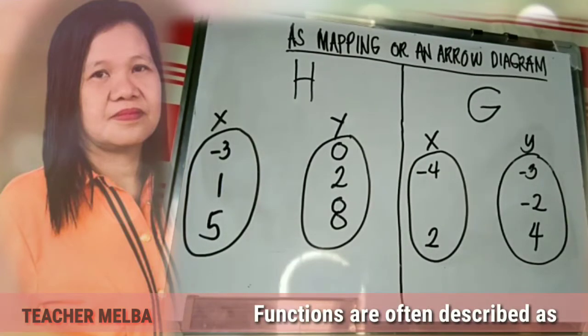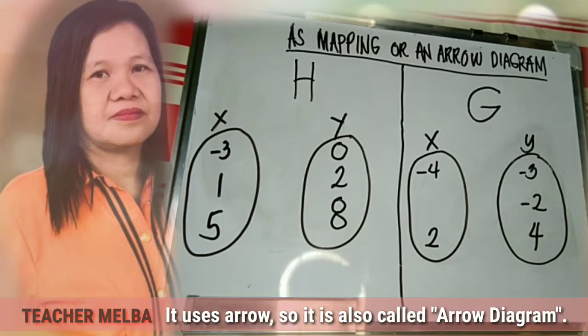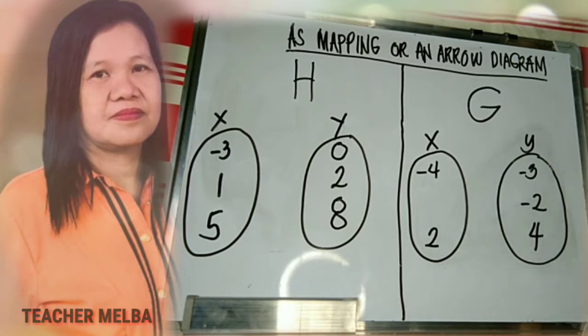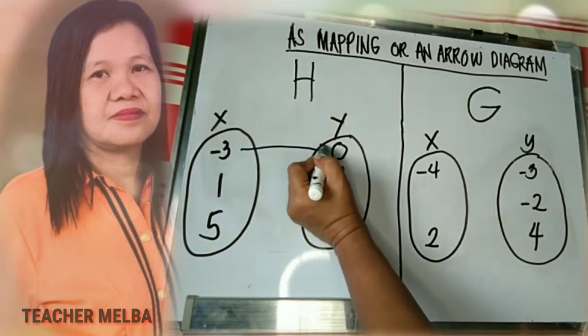Functions are often described as mapping of its domain onto its range. It uses arrows, so it is also called an arrow diagram. Which of the following arrow diagrams represents a function? Negative 3 is paired to 0.